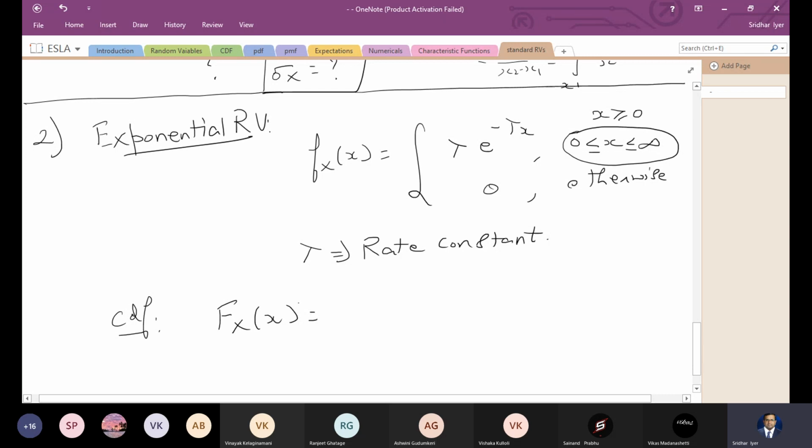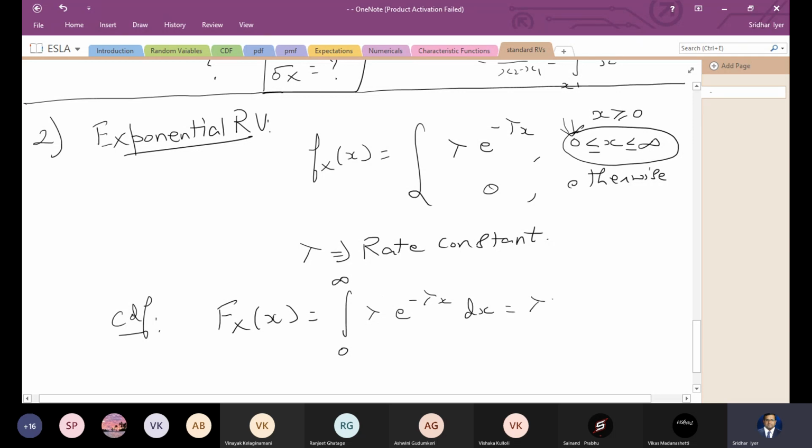Fx of x is the integral from minus infinity to plus infinity of fx of x. So fx of x will be from 0 to infinity. I've taken 0 because the lower limit here is 0. There's nothing between minus infinity and 0. And then I'll plug in the fx of x value, which is lambda e raised to minus lambda x, and you'll have dx.